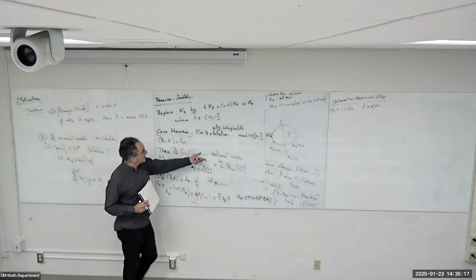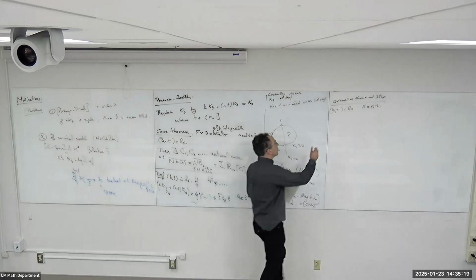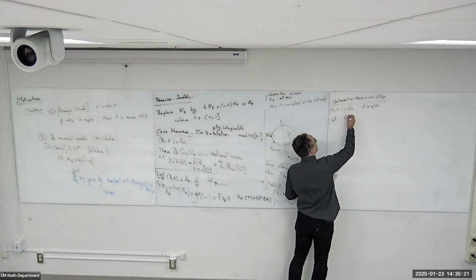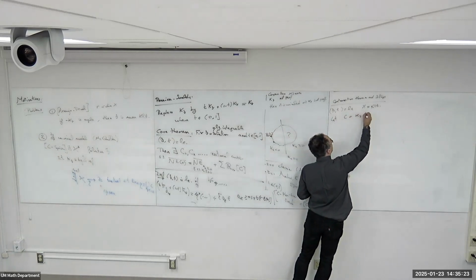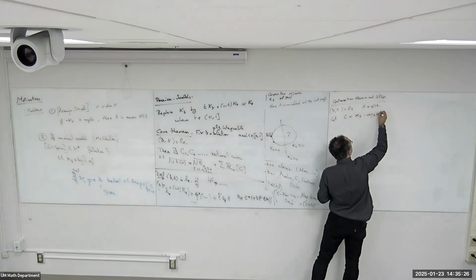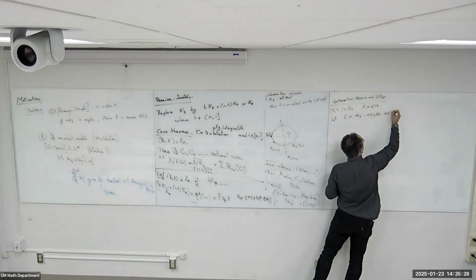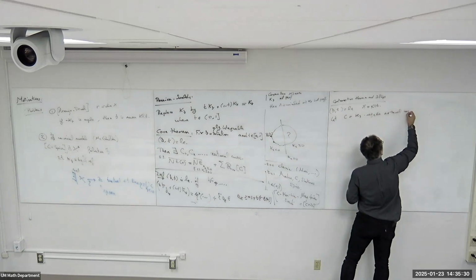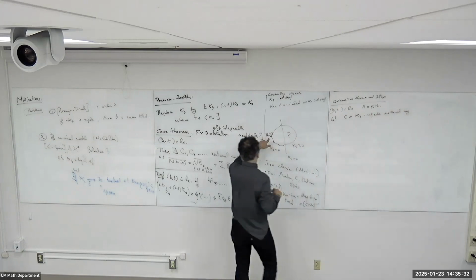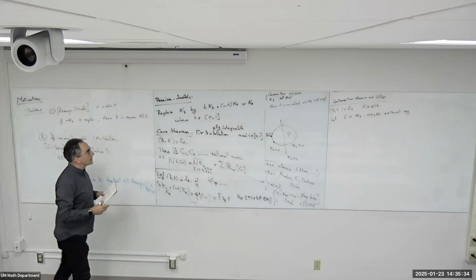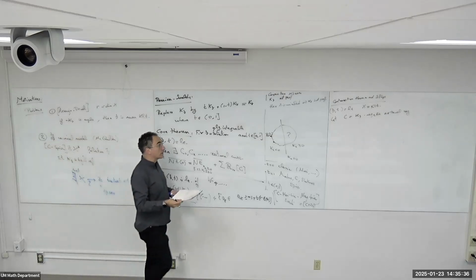Okay, so now we take one of these extreme rays. So let C be a KF negative extreme ray. So what does it mean? I'm taking one of these curves, and then we can always contract this.